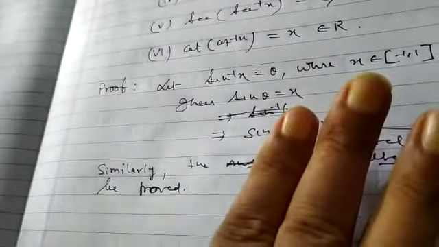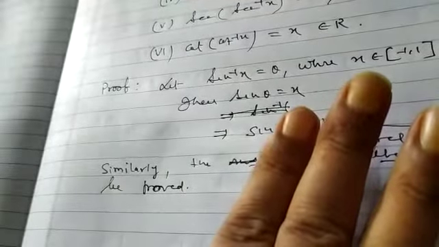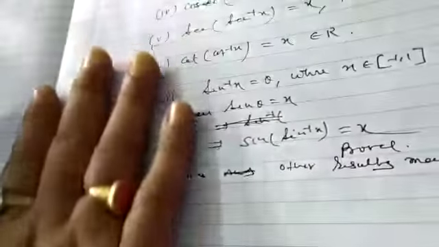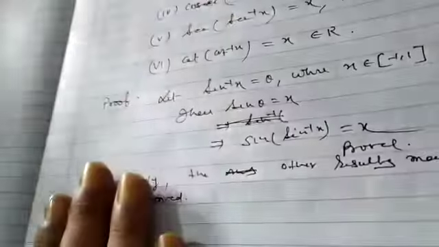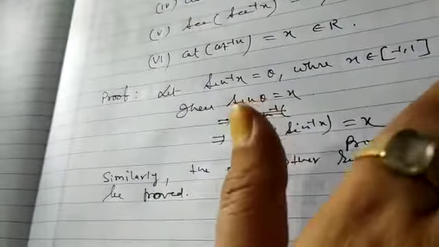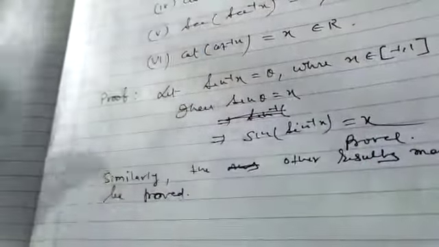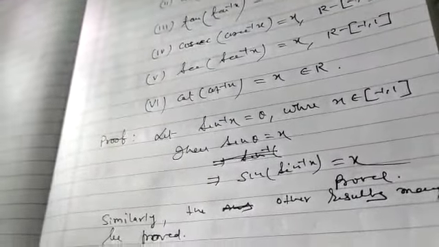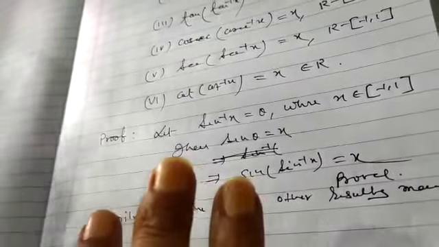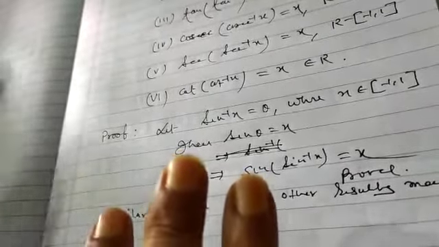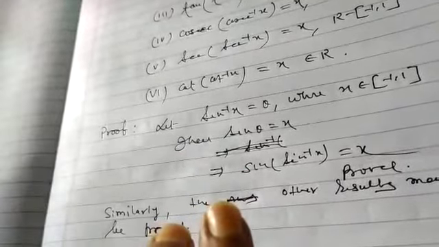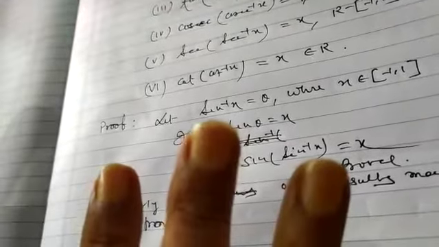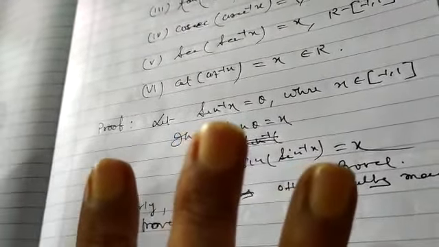By doing all the problems, you can remember not only the domain and range, but while solving problems of inverse circular functions, you will be able to write the correct interval and you will get full marks.